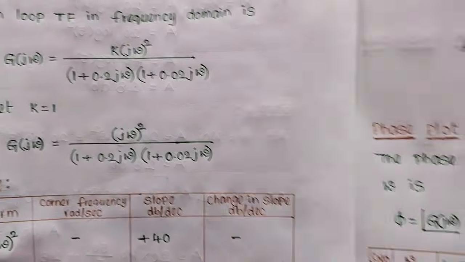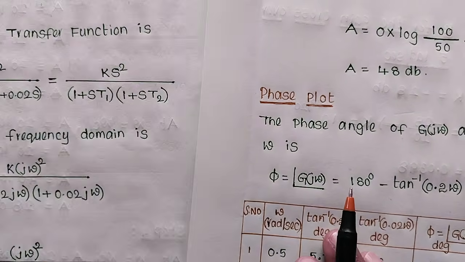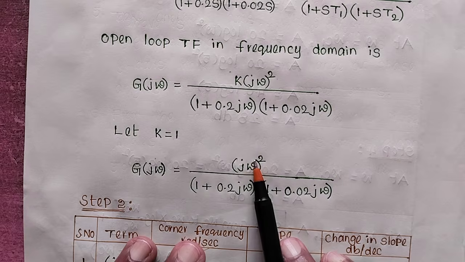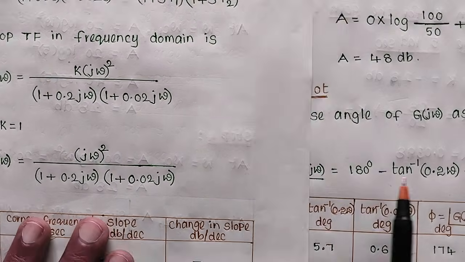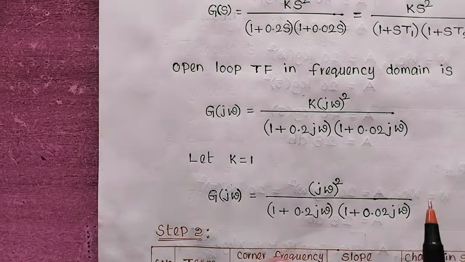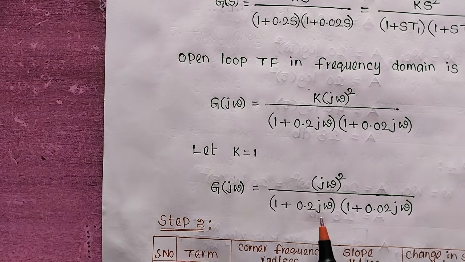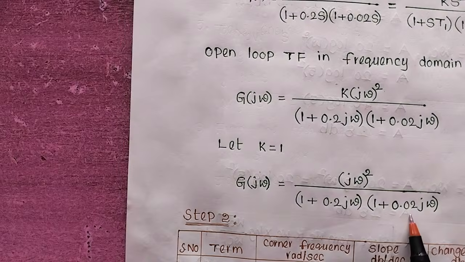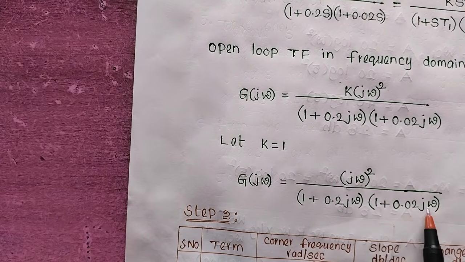So the phase angle of G of j omega is equal to 180. It is a numerator term with a power of 2, so 90 into 2 is 180, minus the denominator phase angle taken to the numerator, which becomes minus tan inverse 0.2 omega by 1. Again, one more term is there in the denominator, whose phase angle is tan inverse 0.02 omega by 1.